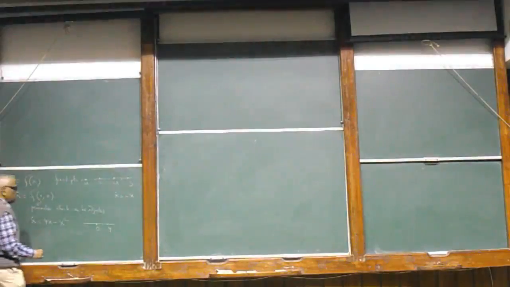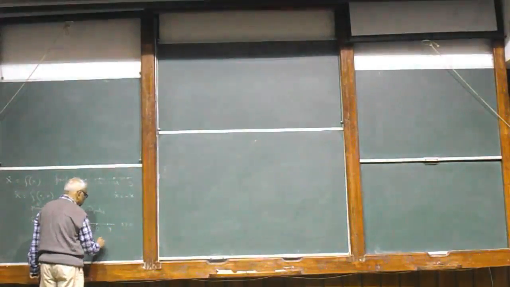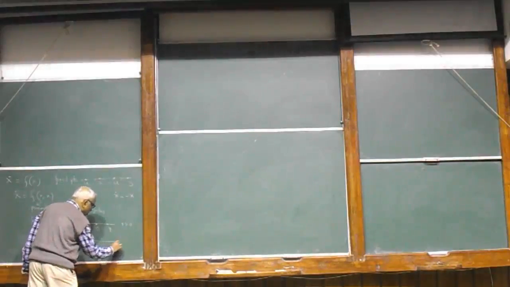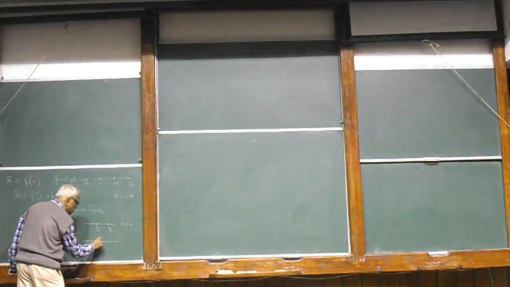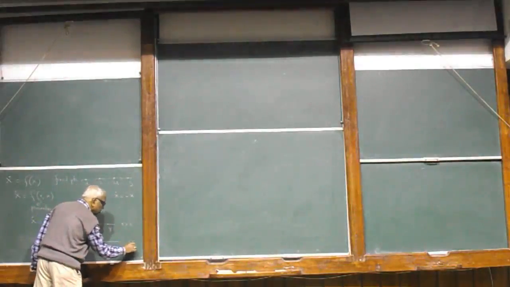And for r positive, so if r is greater than 0, that's what this picture tells you. The other picture would be, I mean, it's still a fixed point at r, but r can be negative. That's when you have this picture over here.